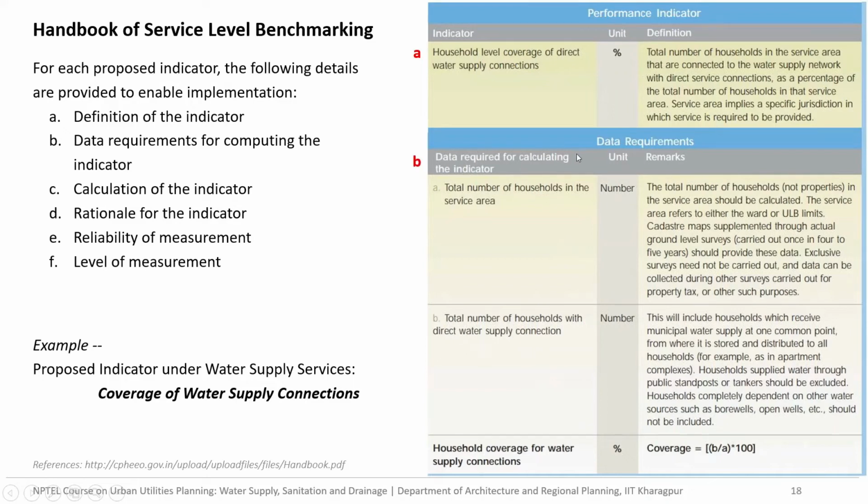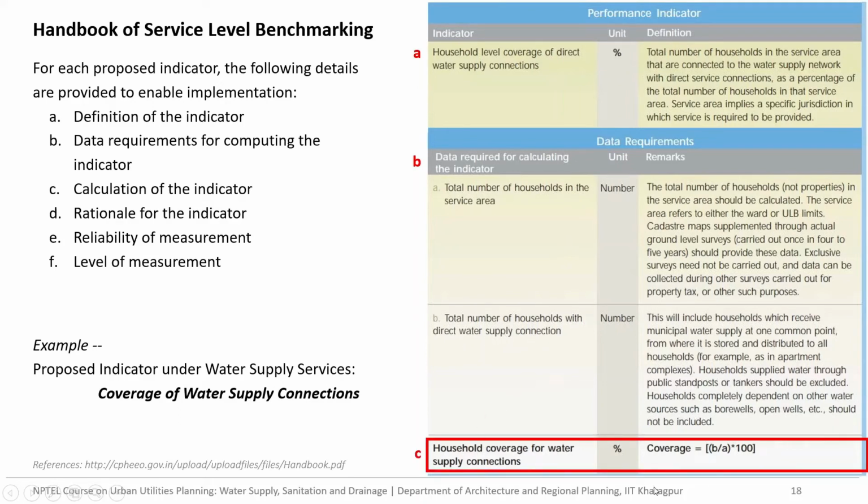Then they talk about data requirements. What are the data that the urban local body needs to know in order to be able to calculate this indicator? In case of coverage of water supply connections, we have one, total number of households in the service area, and two, total number of households with direct water supply connection.